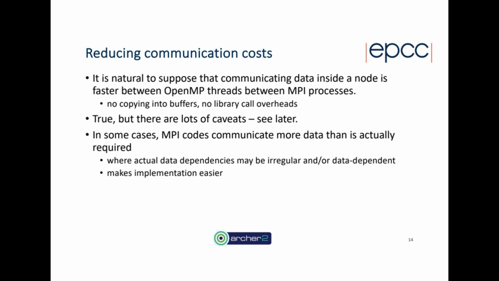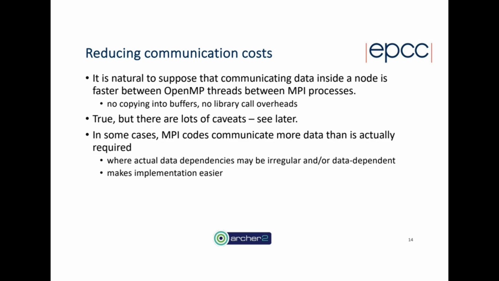There are no intermediate copies that need to be made, which MPI typically does. And there are no library call overheads going on. You don't have to go through the MPI library software stack to do the communication. So in principle, that's true, but there are lots of caveats to that, which we'll come back to when we look at some of the problems.